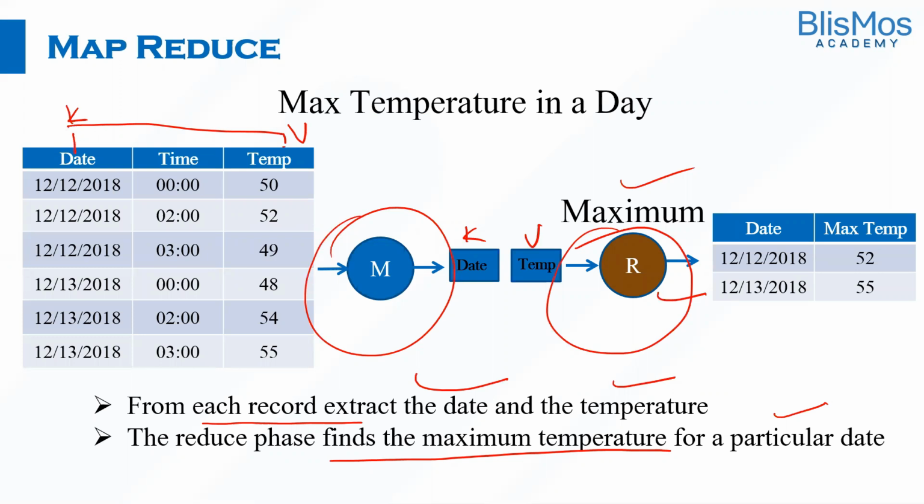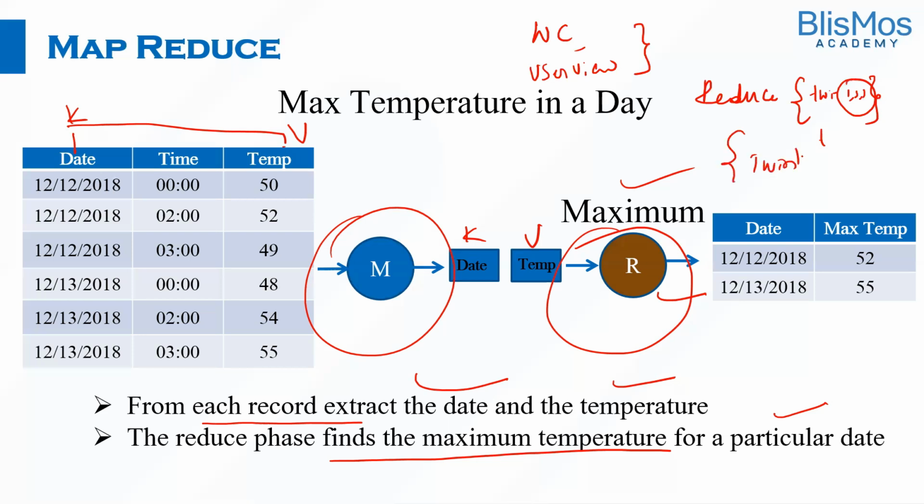If you recollect, both in word count and user view problem, at the reduce phase, what we have done is an aggregation. For example, if we have twinkle some 1, 2, 3, all those times, we have added all these things and said twinkle is there 5 times.